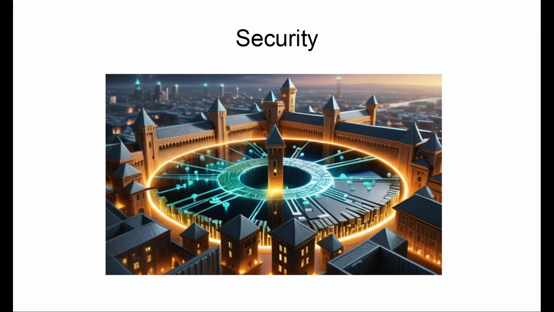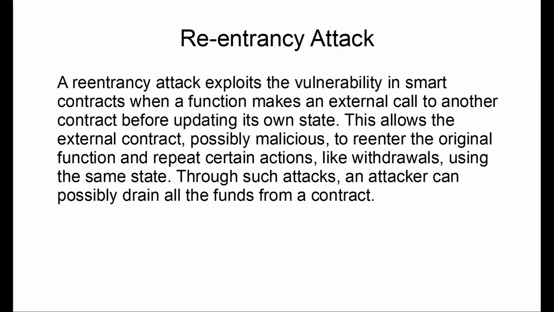And finally, we've reached security. Smart contract security. There's a lot of different attacks that can happen to your smart contract to try to take funds out of it or exploit funds. In this class, we are going to go over reentrancy attacks. What a reentrancy attack is, it exploits a vulnerability in the smart contract when a function makes an external call to another contract or updating its own state.